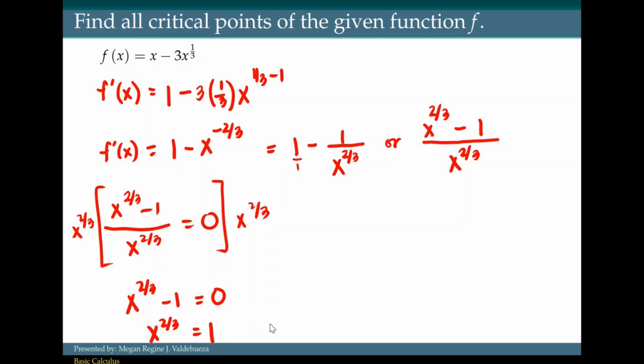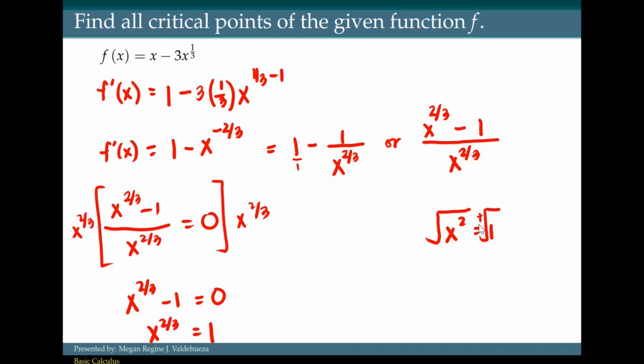So what is the value of x? So if we have x squared equal to 1, we will get the square root for both sides of the equation, right?